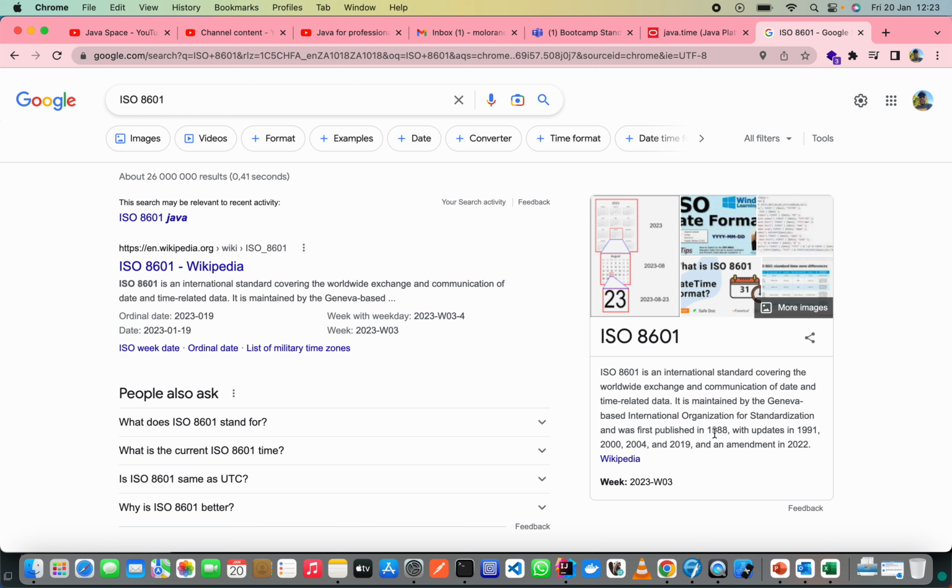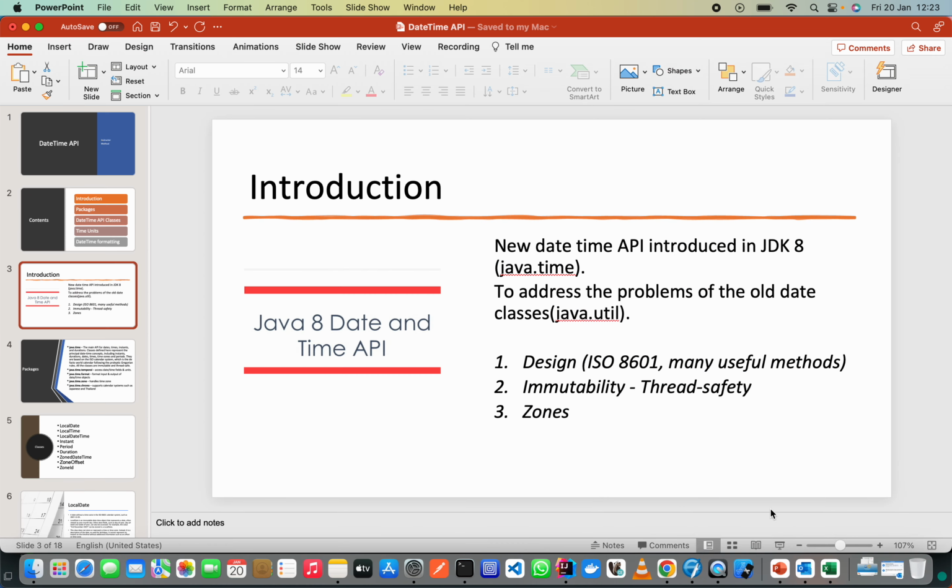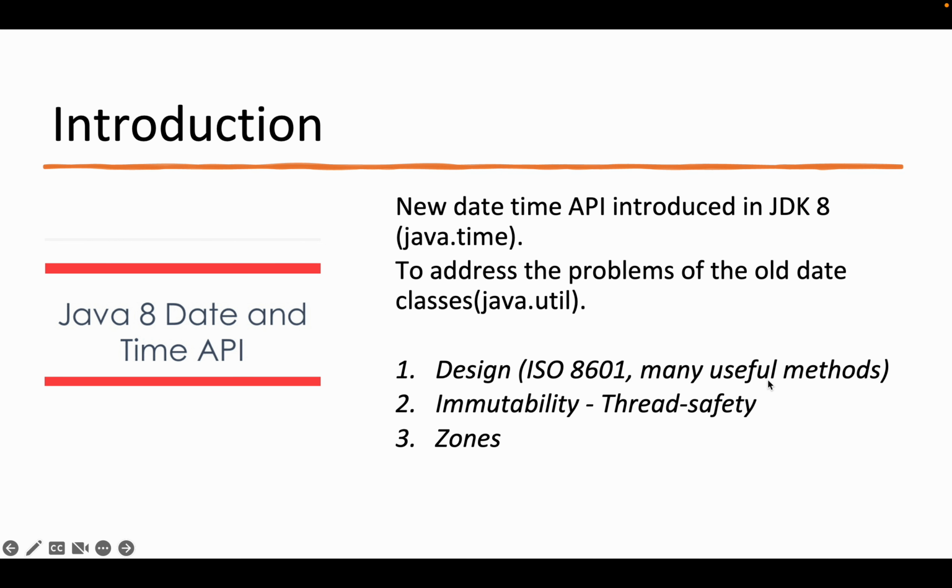It was first published in 1988, and updates were done in 1991, and then up until 2022. So the new DateTime is actually ISO 8601, which means it's following the standard.